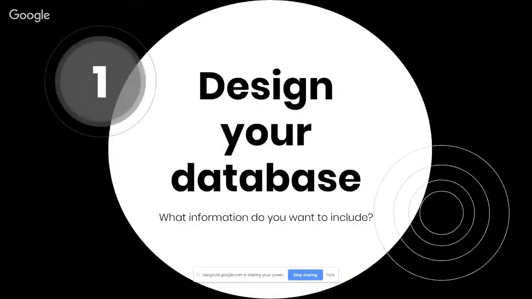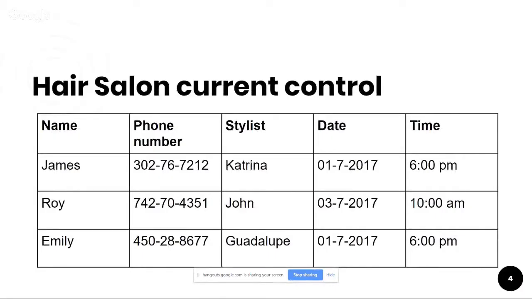I always recommend taking time to design the database. Keep in consideration what kind of information you need to store and the actors that will interact with that information. For this example, let's imagine that you are in charge of creating a database to keep track of the appointments at a hair salon.